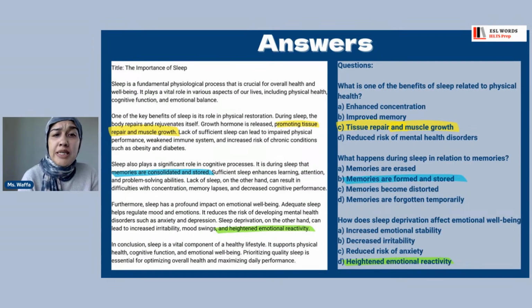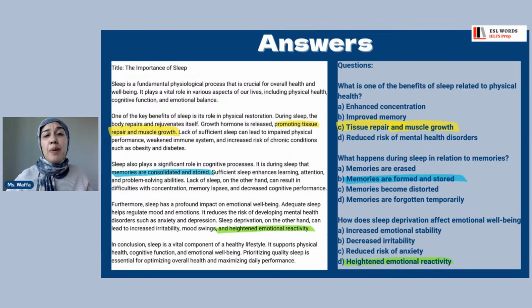So, as you see here, the sentence: during sleep, the body repairs and rejuvenates itself. And the question says, what is one of the best benefits of sleep related to physical health? So, what happens in your sleep? This particular sentence tells us exactly what happens in our sleep.